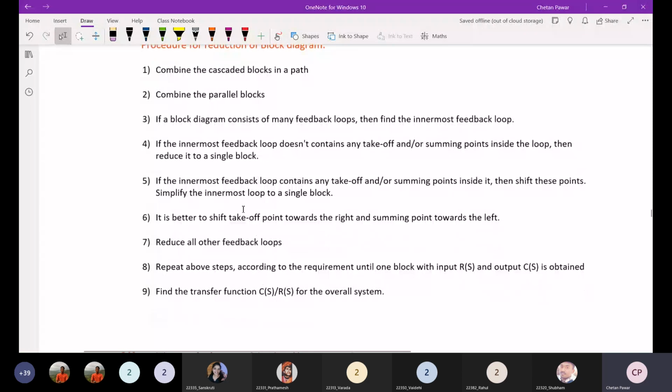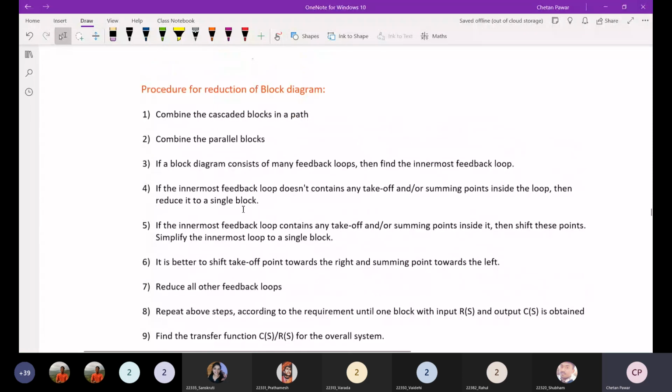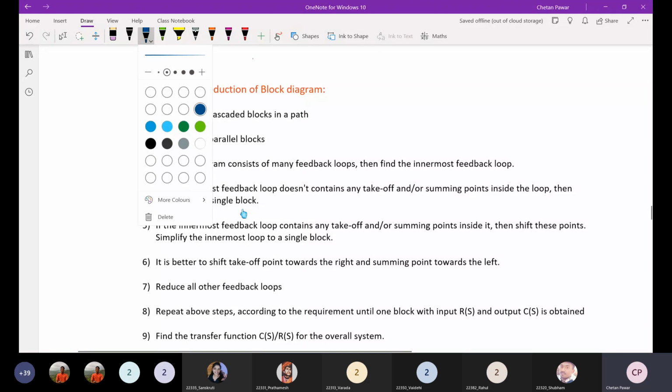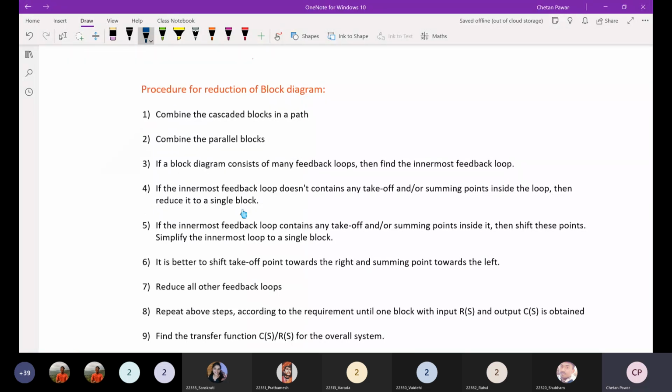So what is the procedure for the reduction of the block diagram? Means in which way you should proceed so that you can do the block diagram reduction. So the first step is combining the cascaded blocks in the path. Whatever cascaded blocks or parallel blocks are present in the forward path.